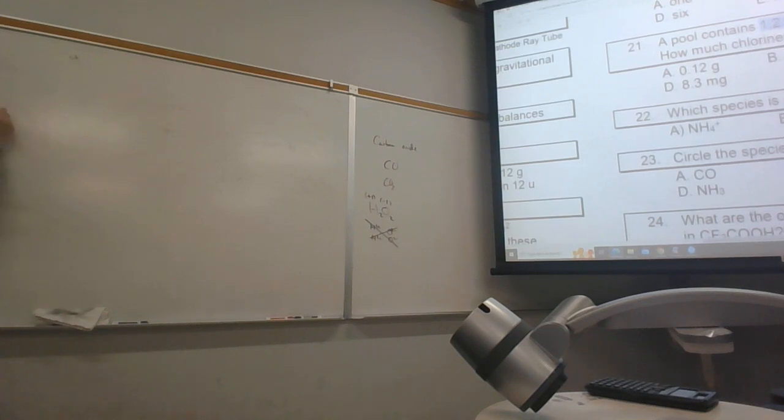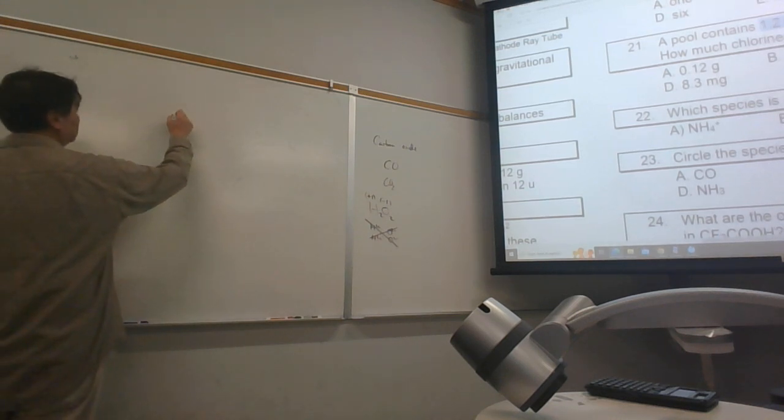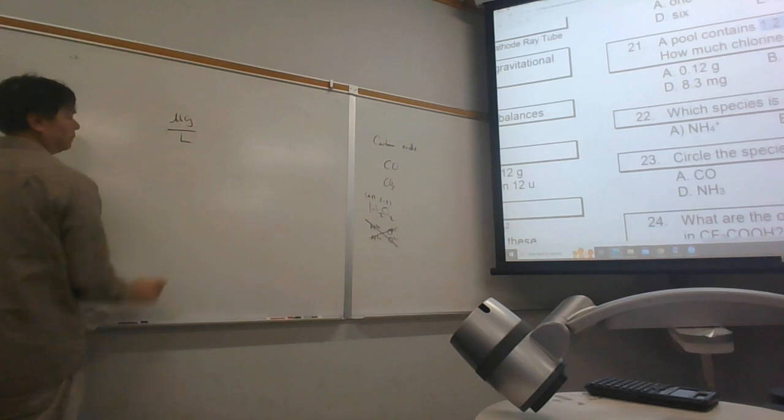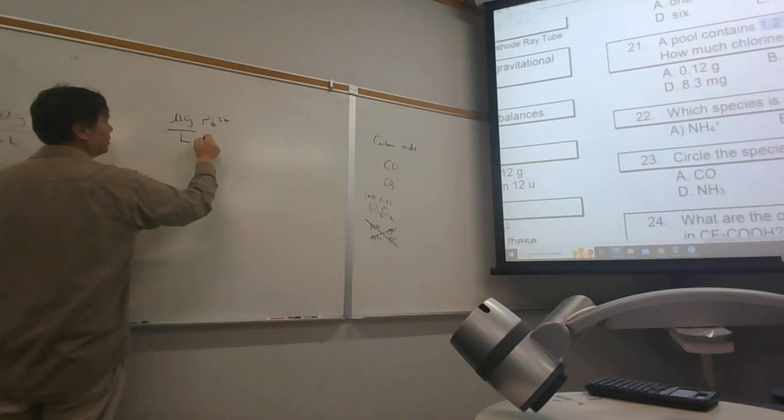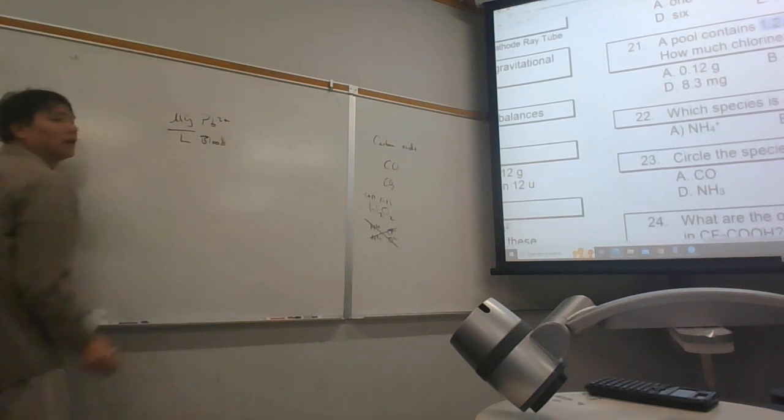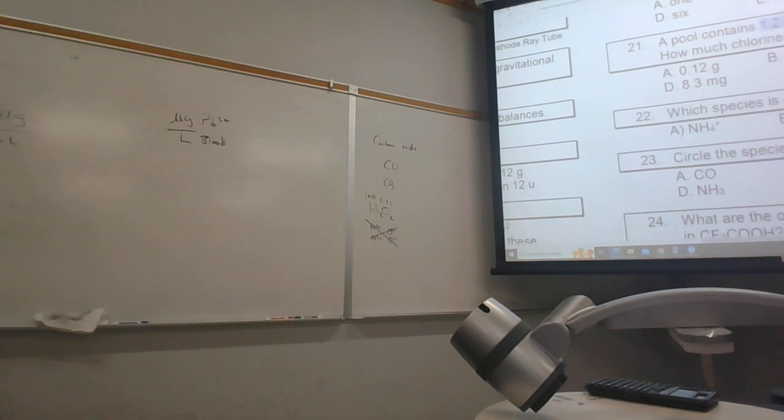And so have you ever heard of a microgram per milliliter? Or a microgram per liter? So let's say you had a microgram of lead per liter of blood. How many ppm is that? So if you had a microgram of lead per liter of blood, can you figure out how many ppm that is?